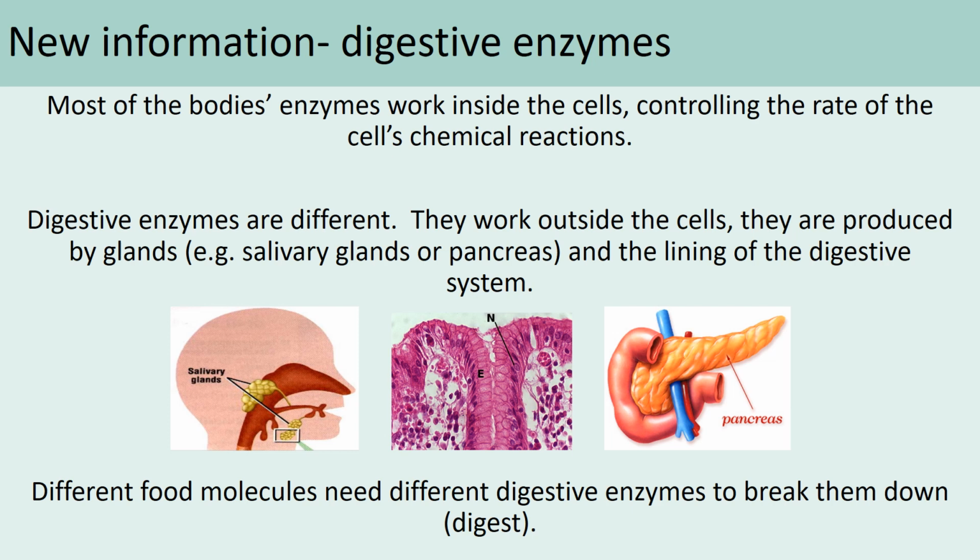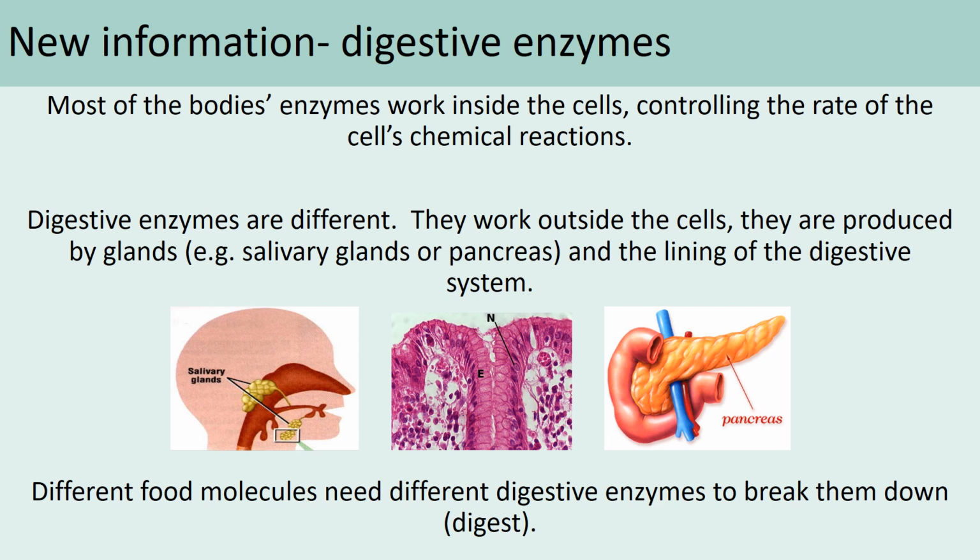Okay, so we make loads and loads of different enzymes. They're used for loads of different chemical reactions inside our cells. And that's what most of them do. They just remain in the cell, controlling all of those chemical reactions that take place. But digestive enzymes are different because they're not working inside the cell.